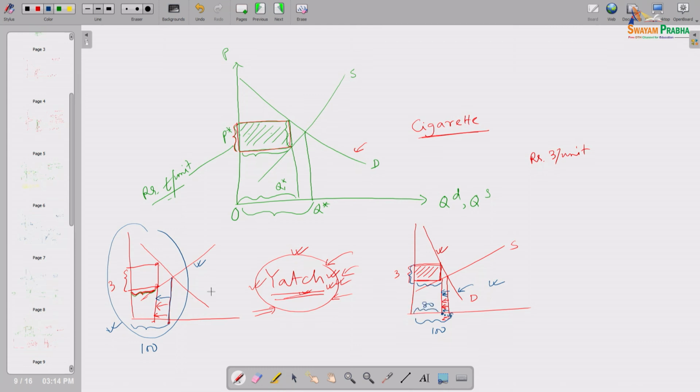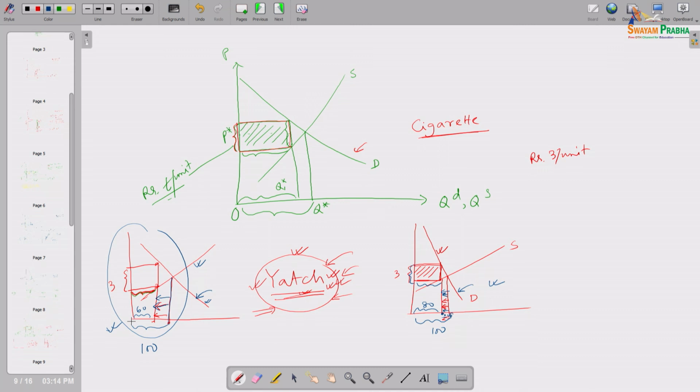But when government alternatively imposes the tax here, by virtue of the commodity being a luxurious commodity to the customers, right, this transaction falls much more than here. So, suppose this is 60 units, 40 units it is falling.